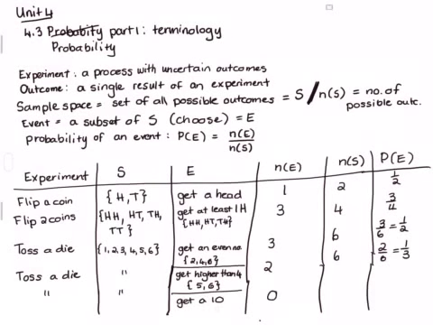Well, there are no 10s on a die. This is still 6. 0 out of 6 is 0. Right? So, what am I saying? If I toss a die, the chance of it landing on a 10, and it's a 6-sided die, is absolutely 0.